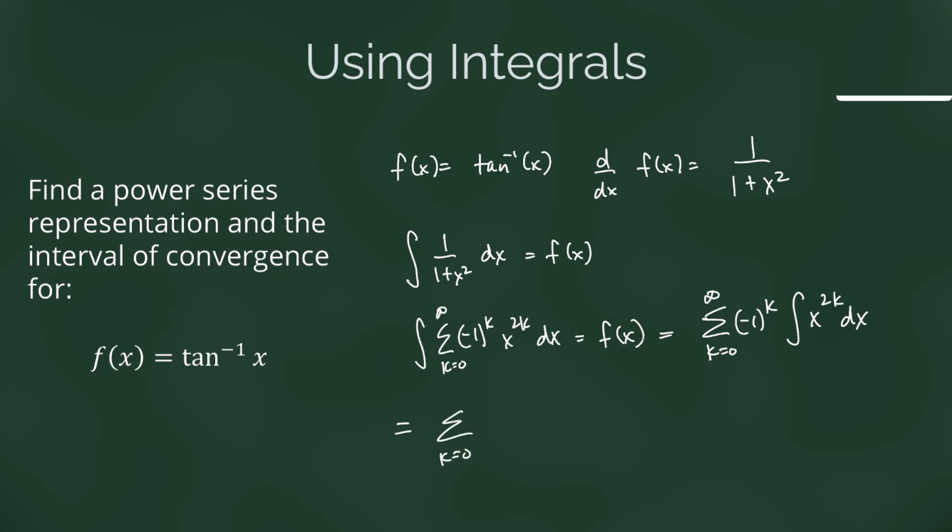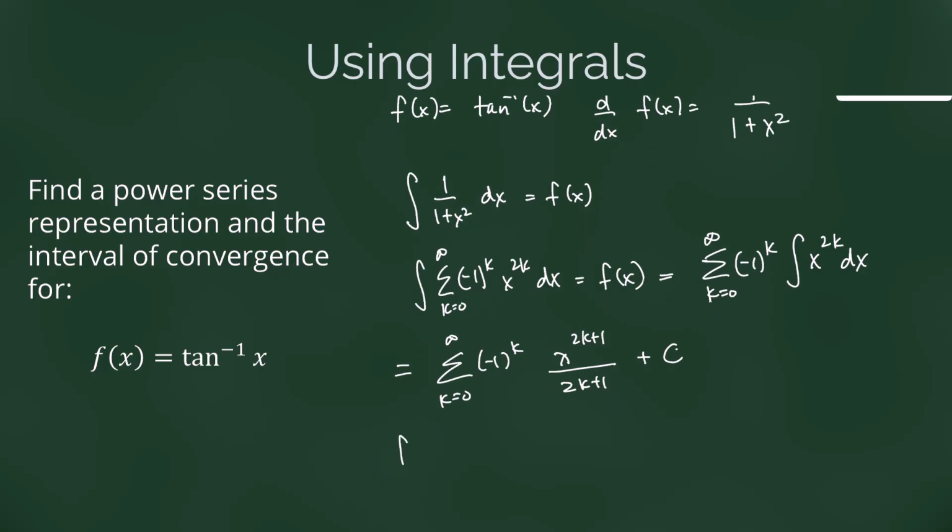That is then the sum from k equals 0 to infinity of -1 to the k, and then if we antidifferentiate x to the 2k, we get x to the 2k plus 1 over 2k plus 1. And of course, we need a constant here. Well, f of 0 is the inverse tangent of 0, which is 0.